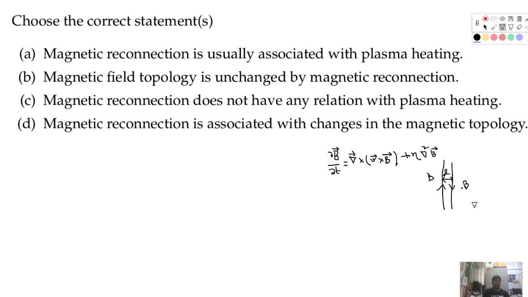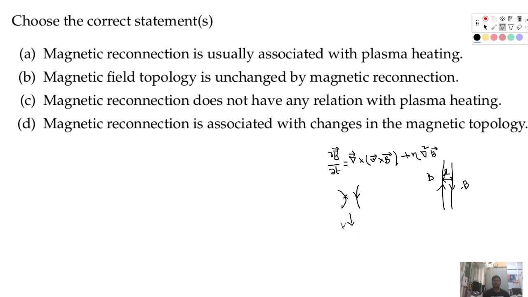Okay, now when magnetic reconnection happens, first of all you have magnetic energy stored in your magnetic field lines, right? When this reconnection happens, it can change the topology of magnetic fields, that means how they are connected to their foot points. So let's say this is your first scenario.